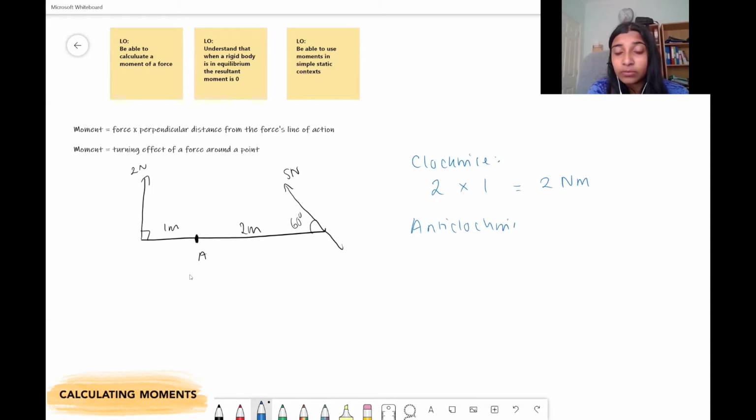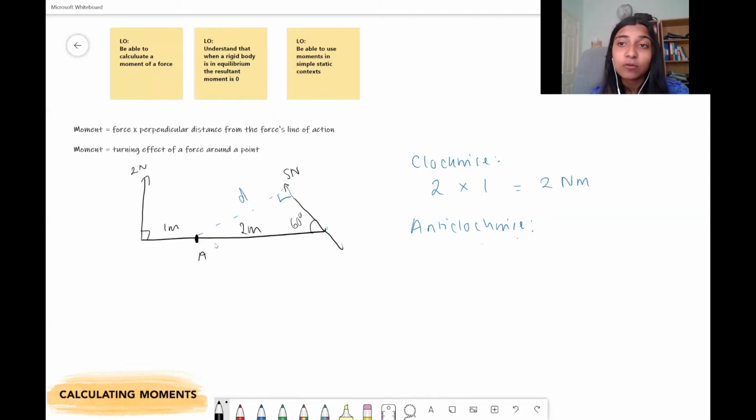Now if we were to calculate our anti-clockwise moment, this is a little bit more tricky, as your line of action is not perpendicular to A because your force is at an angle of 60 degrees. To calculate your anti-clockwise moments, there are two ways you could approach this. You could either find your perpendicular distance from your line of action, or you could find your perpendicular force from the line of action.